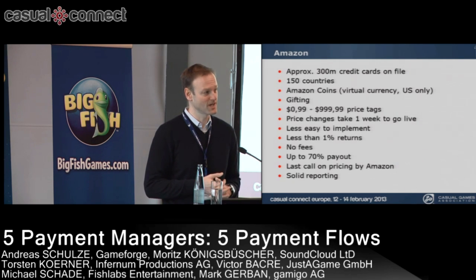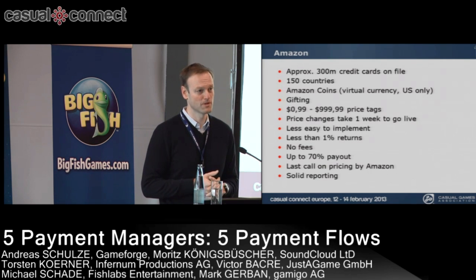However, price changes take a while, up to one week if you change the price, which for the mobile space, where everything is very dynamic and you have to be really quick in running campaigns and so on, I'd say is a bit low for the standard. Implementing the in-app purchase API is also a little bit more work compared to iOS and Android. Still, the returns are fairly low, below 1%.